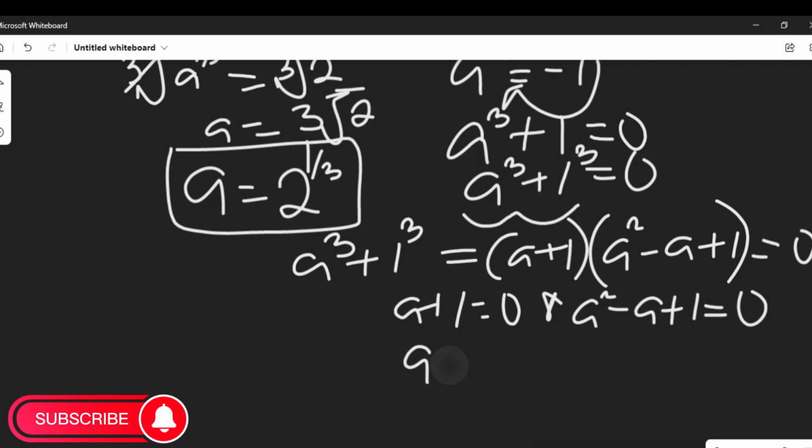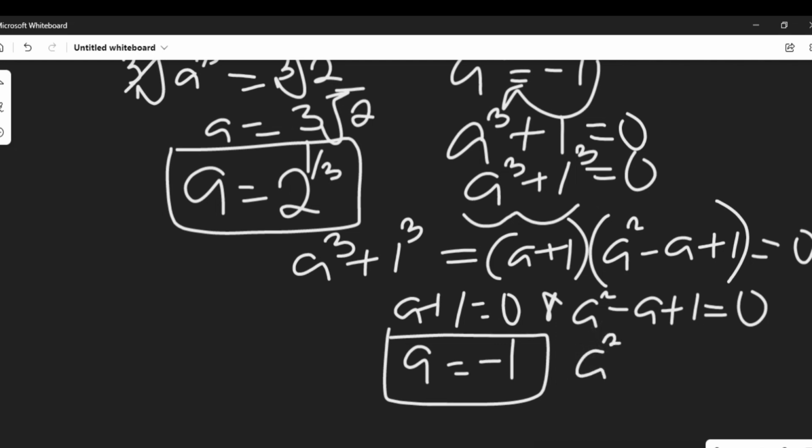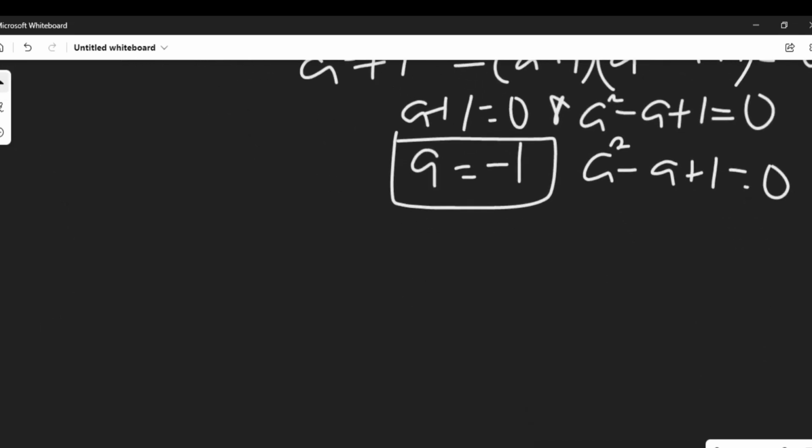So over here we have a equal to minus 1. That's another solution, and then we'll have a squared minus a plus 1 equal to 0, which is also a quadratic equation.